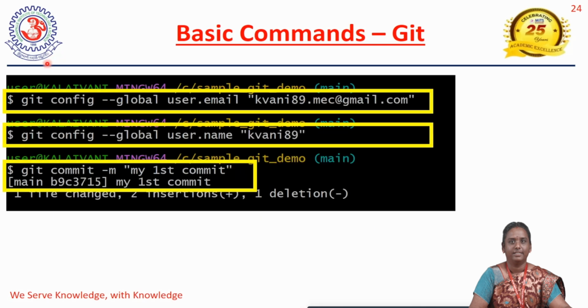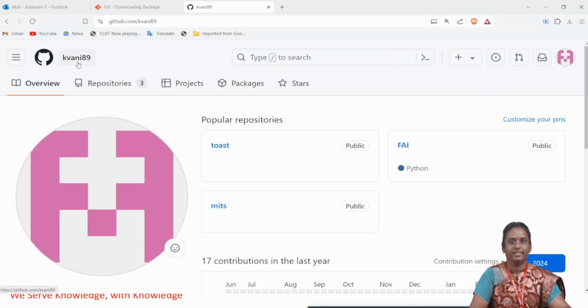Can you see this in the slide? Here you can see git config --global user.email. In double quotes, you have to give your GitHub-authenticated mail ID, the one you gave when opening the GitHub account. And then the next command, git config --global user.name, which is your GitHub account name.